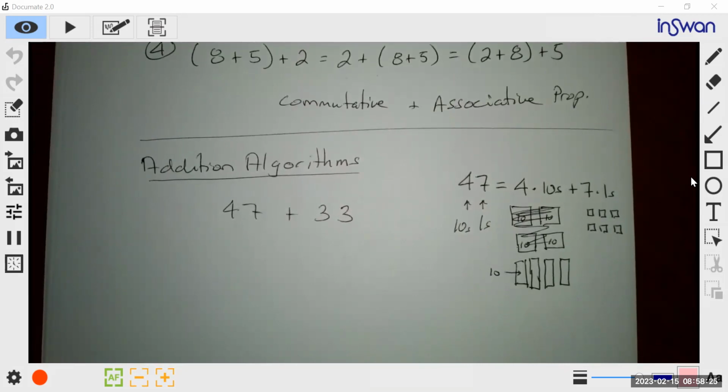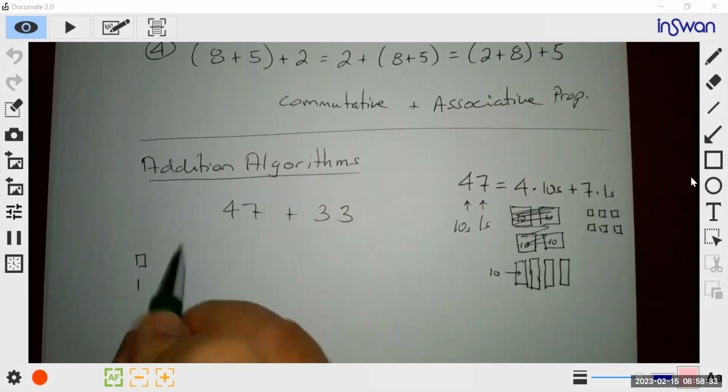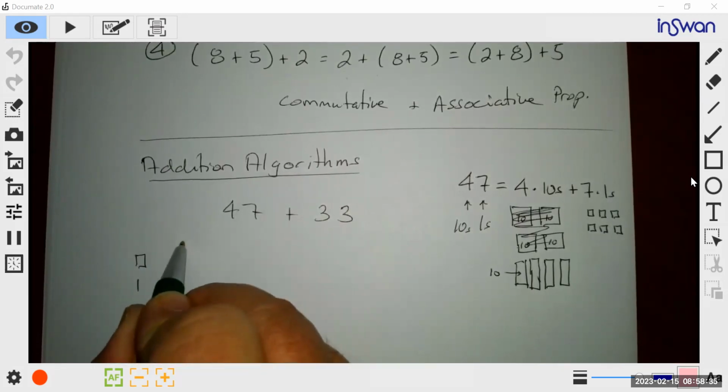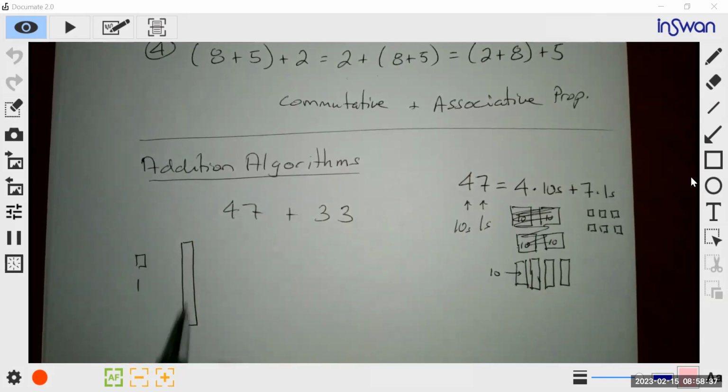Y'all remember manipulatives like this, blocks? You start off with 1. One, 2, 3, 4, 5, 6, 7, 8, 9, 10. This is 10.